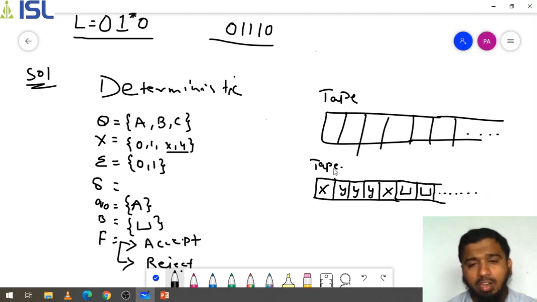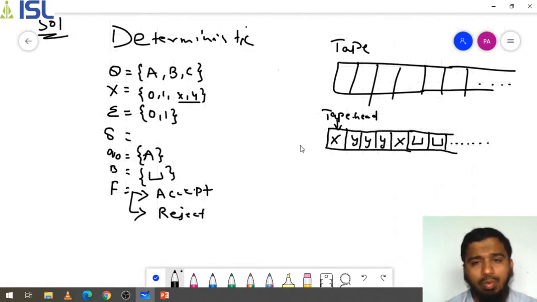Okay. And the tape head is at the first one. You can consider this is step 1.